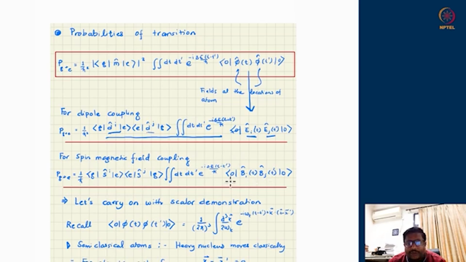And when I sum over all the possible states of the field, that means I do not care what happens to the field after all. I just care about the probability of the excitation from the ground state of the atom. I will end up getting an expression of this kind, where you see the 2-point function of the magnetic field this time, and its integral transform dictates the transition probability across the atom.